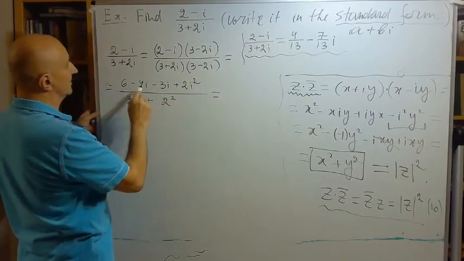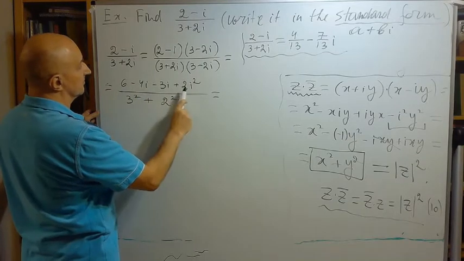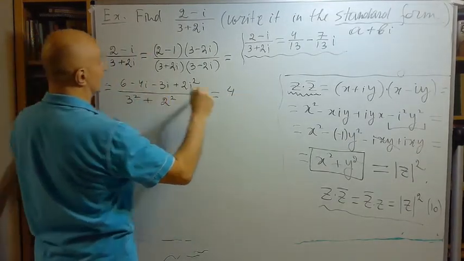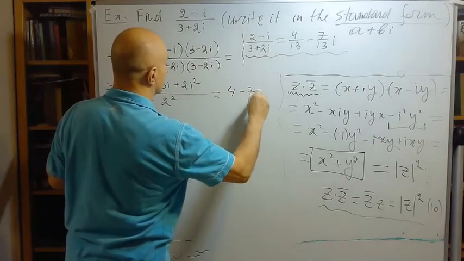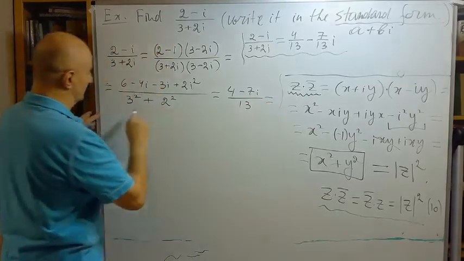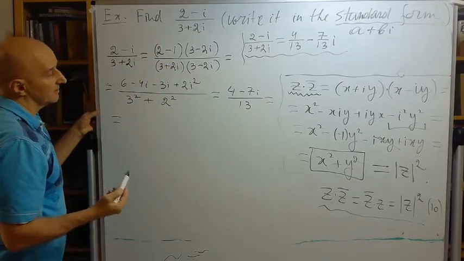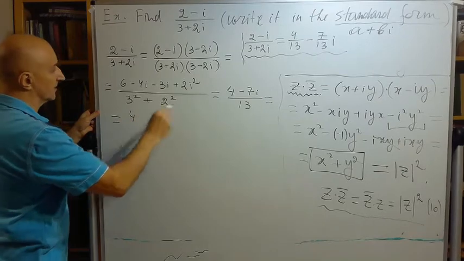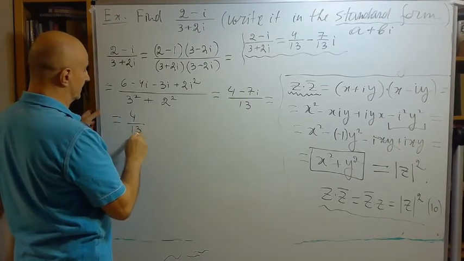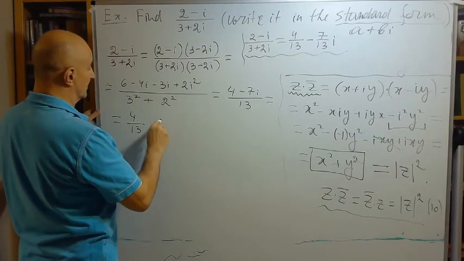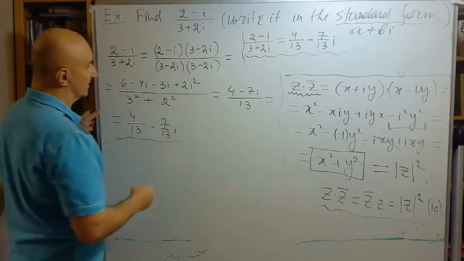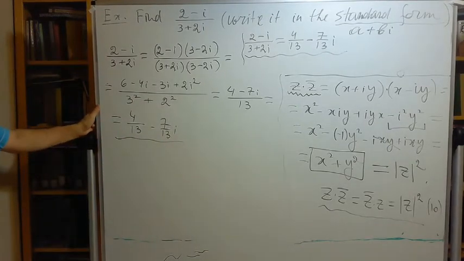So it will be 6 minus 2, it will be 4. Negative 4 and negative 3 will be negative 7, negative 7I, divided by 13. Or, to separate real part and imaginary part, divide each term in the numerator by the denominator, will be 4 13ths minus 7 13ths I. We obtain the same result much faster.